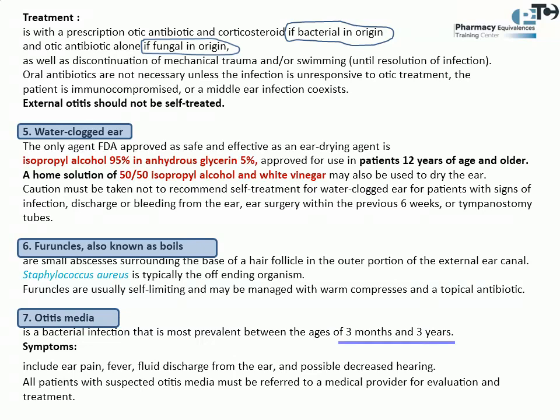Some symptoms of otitis media are fluid discharge from the ear, and also ear pain. Here also the patient should be referred to the medical provider.